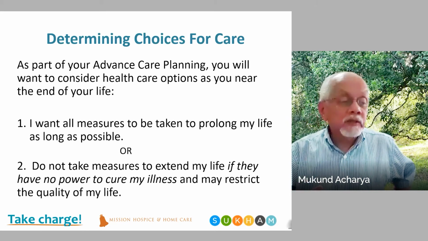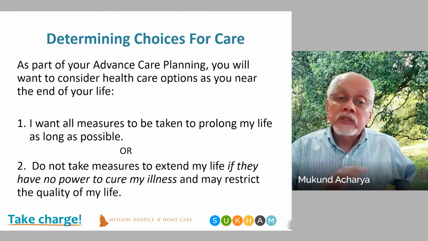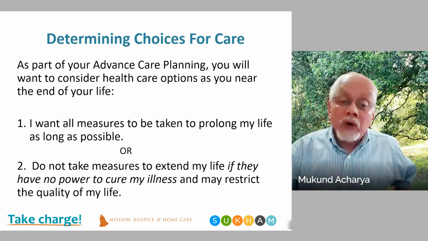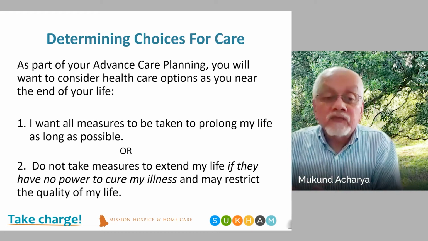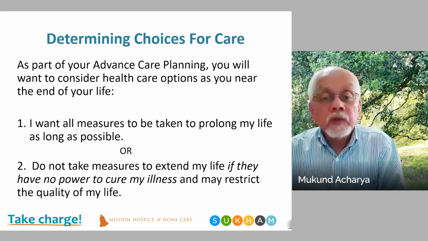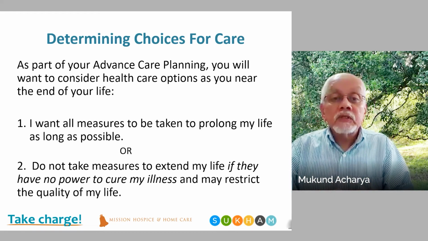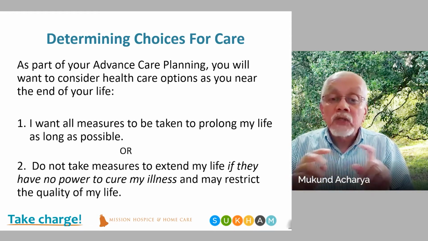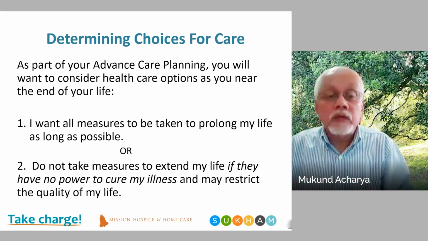Or as an alternative to that, you can have a second option: I want this measure to be done, provided it fits my definition for my quality of life. And if this intervention, this measure does not do so, then I do not want it.